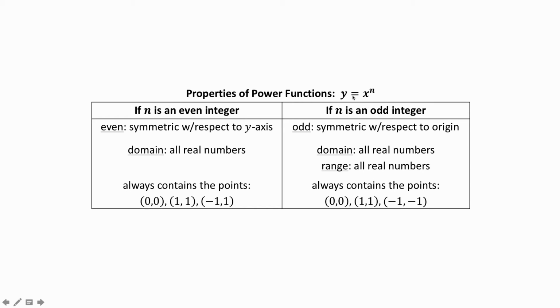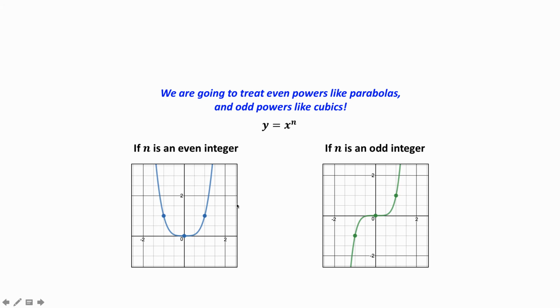Our odd functions, n to the odd power, are going to contain the points (0, 0), (1, 1), and (-1, -1). Now, for the purposes of graphing these, we are going to treat all of our even powered power functions like parabolas, like y equals x squared, and all of our odd powered power functions like cubics, y equals x to the third.